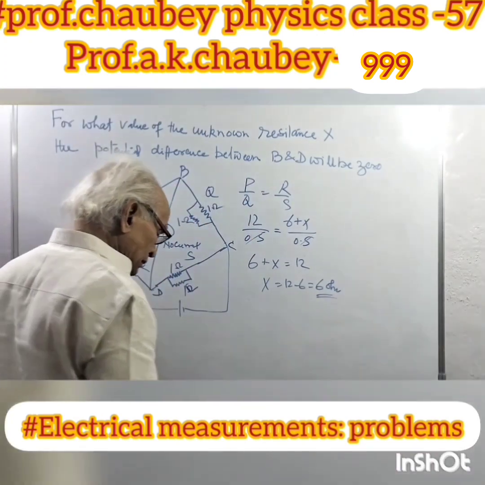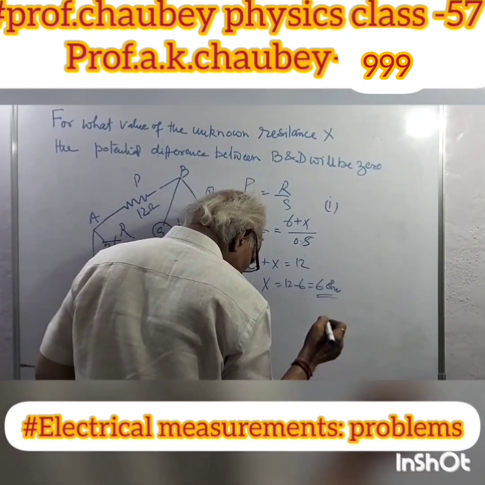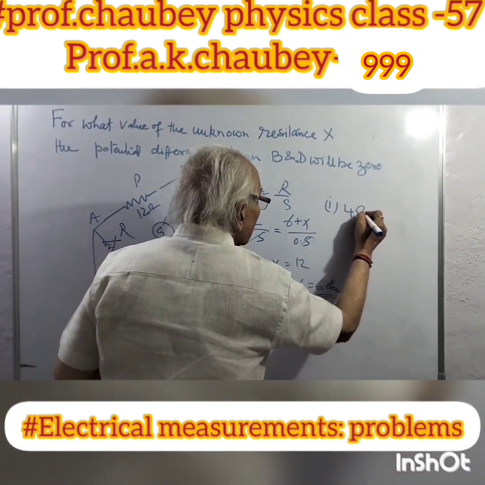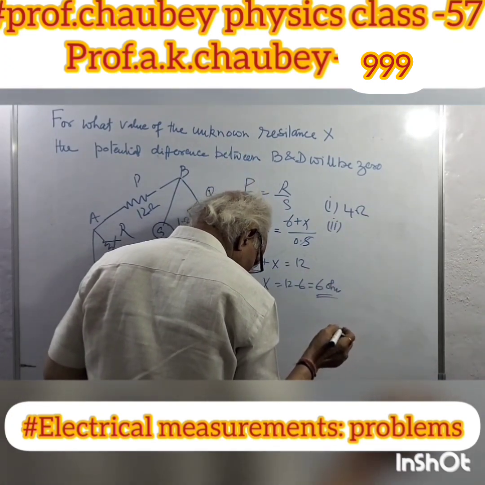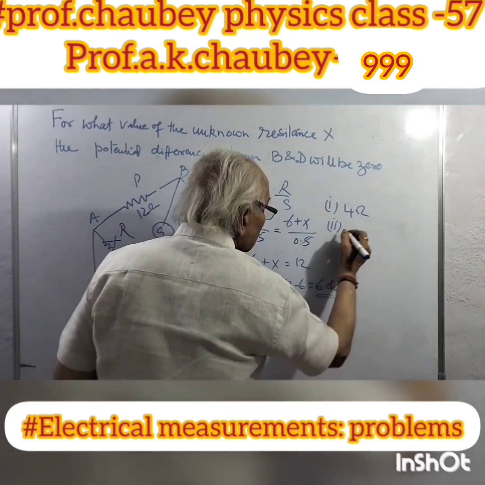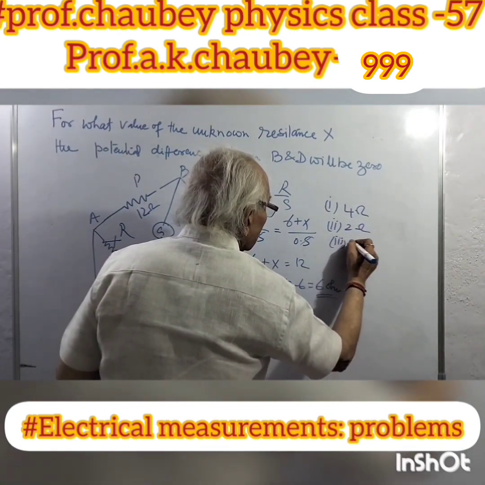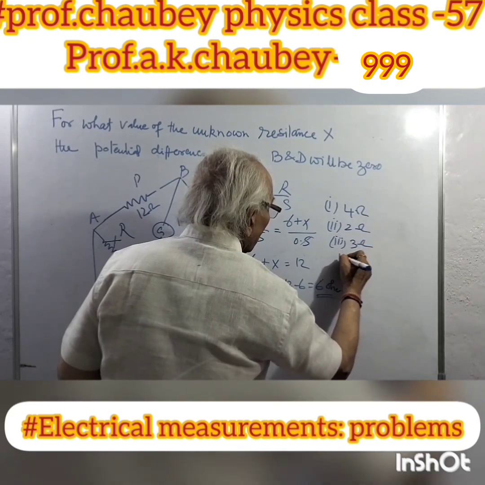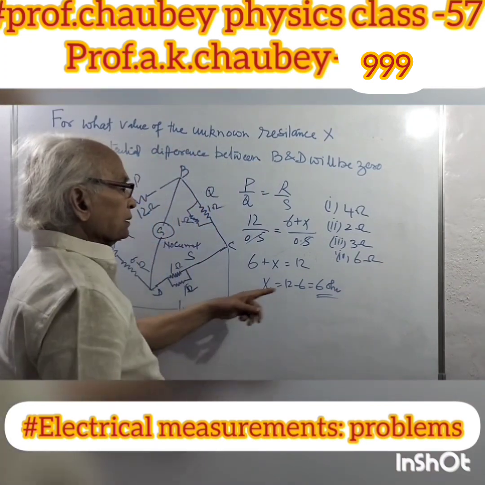So the answer of this is 6 ohm. The choices were: first 4 ohm, second 2 ohm, third 3 ohm, and fourth 6 ohm. So the answer is 6 ohm.